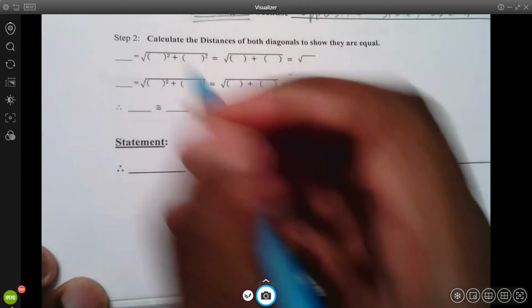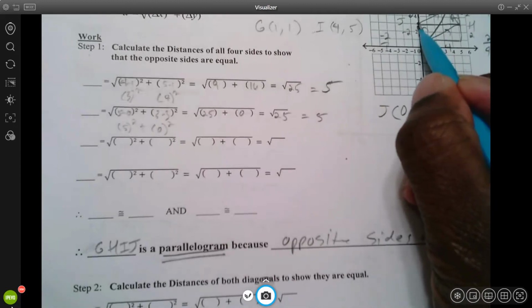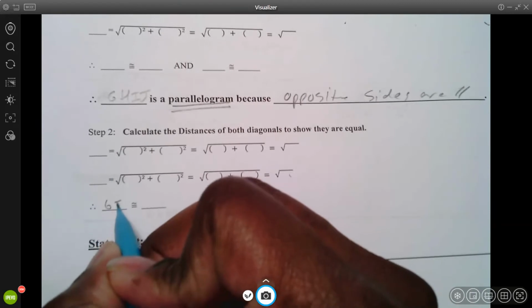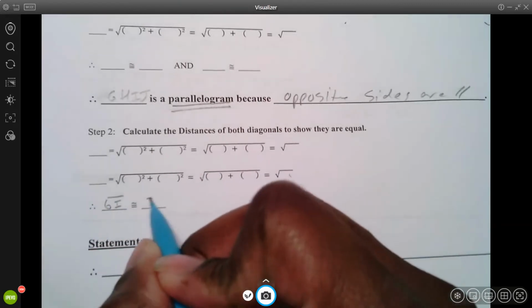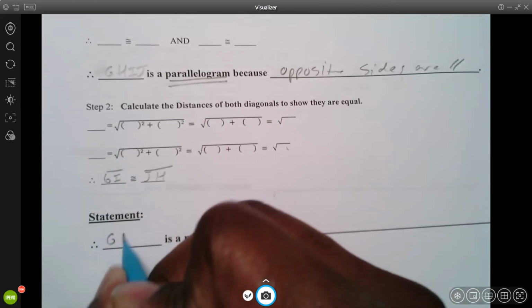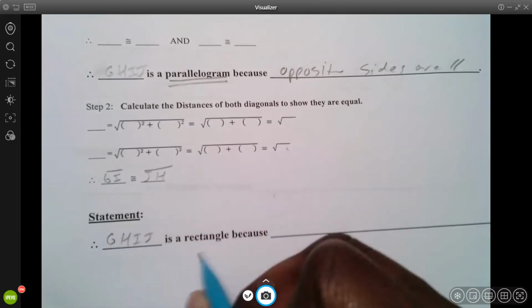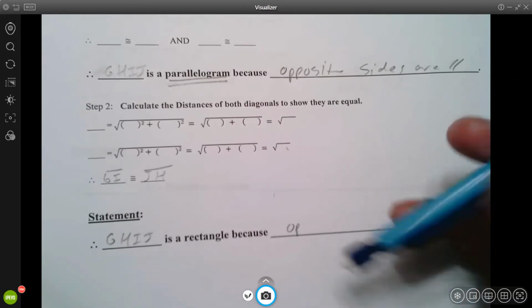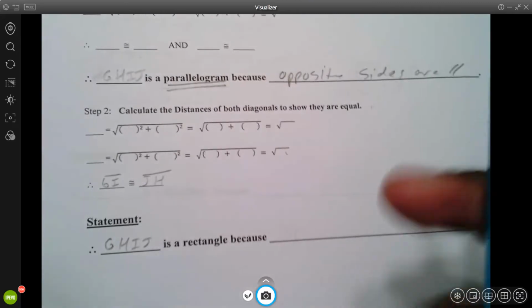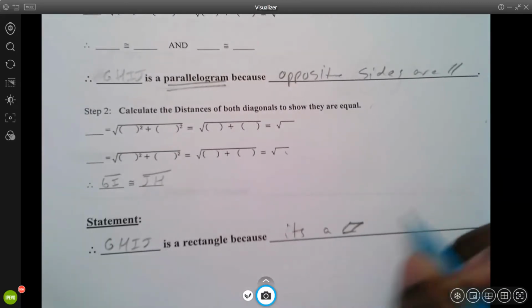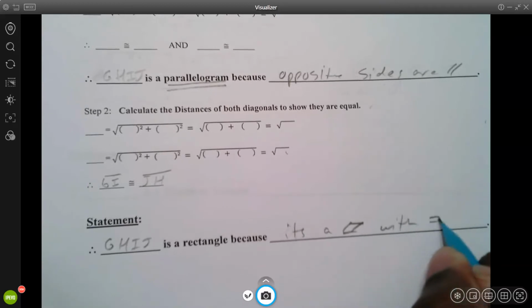So I can say that segment JH and segment GI are congruent. So GHIJ is a rectangle because it's a parallelogram with congruent diagonals.